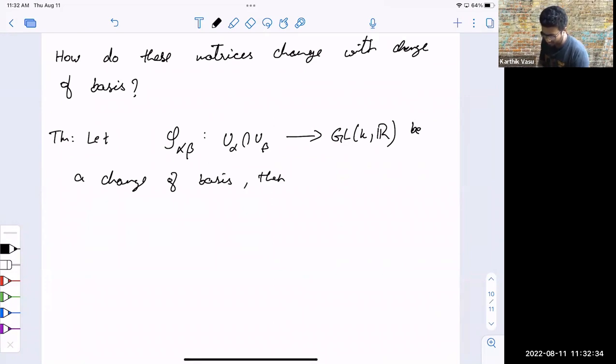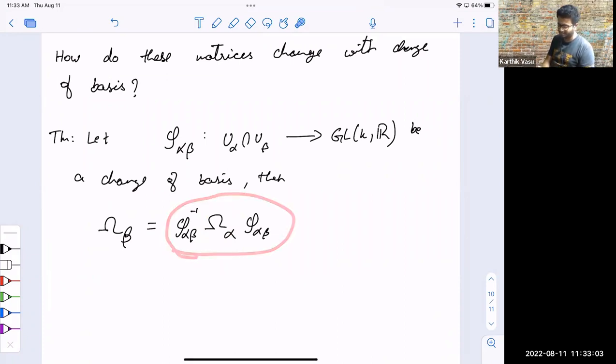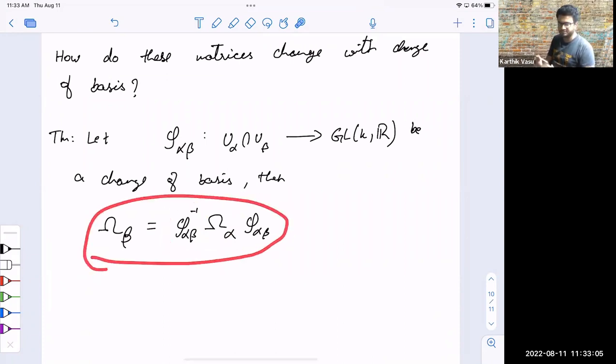Then the matrix of 2-forms I had for the open set beta will be equal to that for alpha, but you have to multiply it by phi alpha beta inverse and phi alpha beta. Phi alpha beta at each point is a matrix, and I'm just taking the inverse of that matrix. This is also pointwise a matrix, so this multiplication makes sense. When you change bases, it just changes like this.